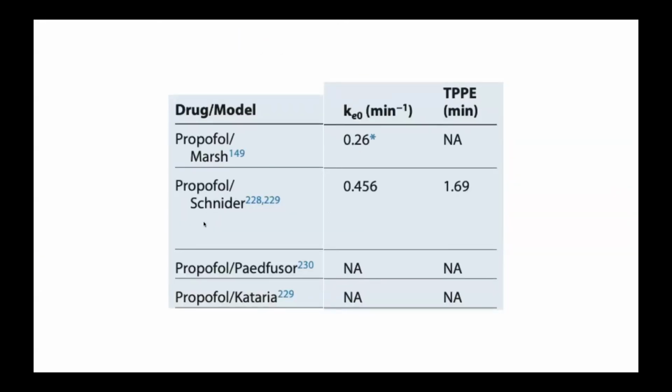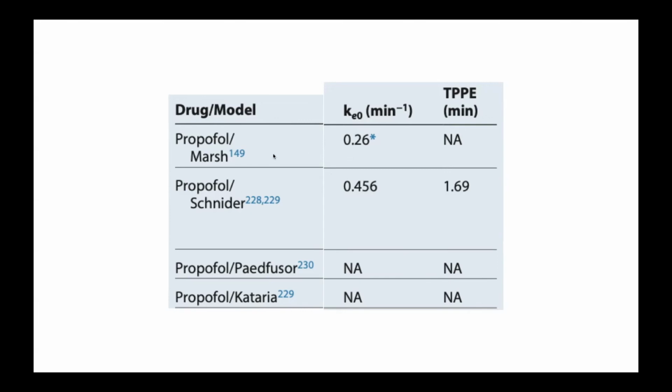With the Schneider model, it has a KO of 0.456. And it's got a calculated time to peak effect of 1.69. And just know that this is a function of both the pharmacokinetics as well as the KO as well. All right.